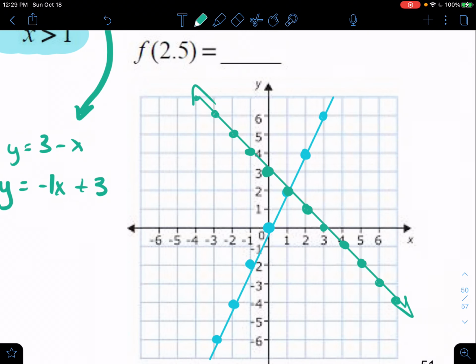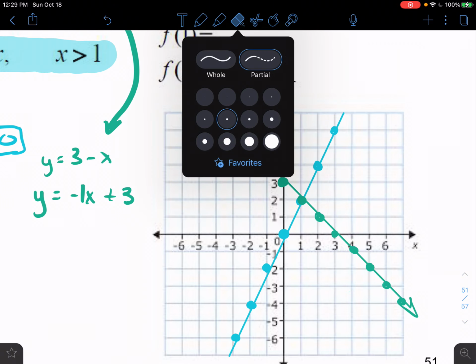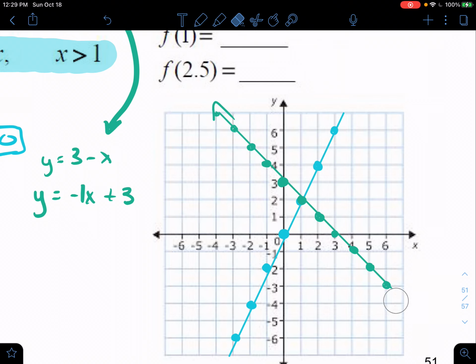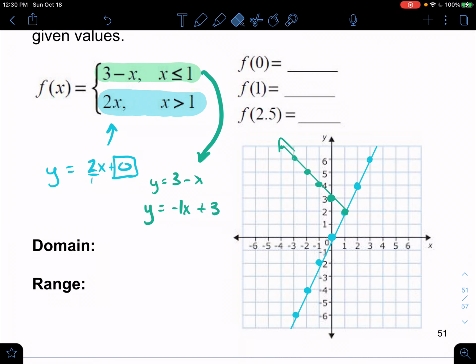So looking up here at our graph, this is what's working. But as soon as I pass 1, this part no longer is in effect. So we really want to come over there now and erase all of that extra stuff that doesn't actually count. If we were just strictly graphing that line and it wasn't a piecewise, that would count.